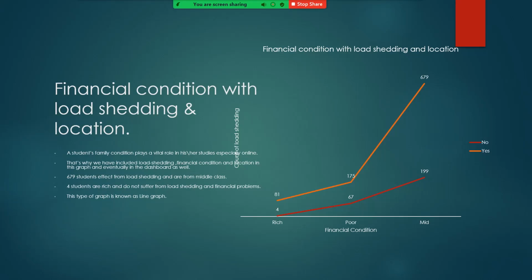Also, even if they are living in some rural area, they might have backup, so load shedding won't be a problem for them. There are a total of 4 rich students here, and mediocre students are 199. Okay, and 679 students are affected by load shedding and are from the middle class. This type of graph is called a line graph.